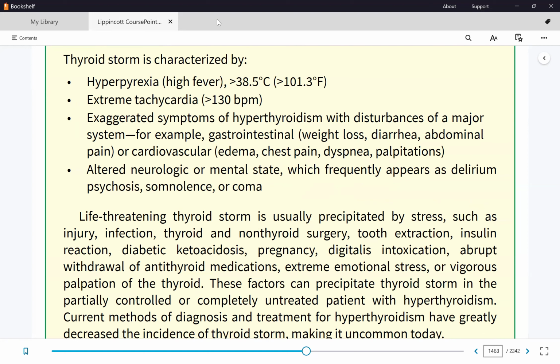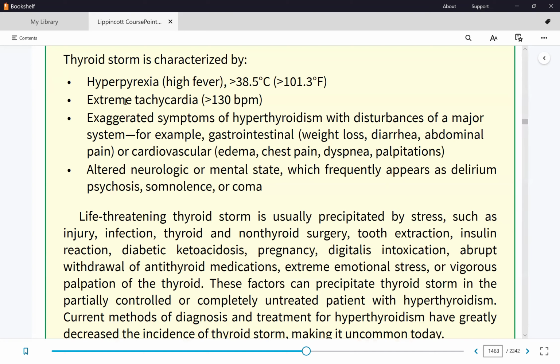But that 1 degree rise is already a manifestation of thyroid storm. A 1 degree rise in temperature from baseline is a manifestation of thyroid storm. So I don't have to wait until they reach 100, 101, or 102. I monitor the baseline temperature. So let's say I started at 98. 99 is already a symptom of thyroid storm.